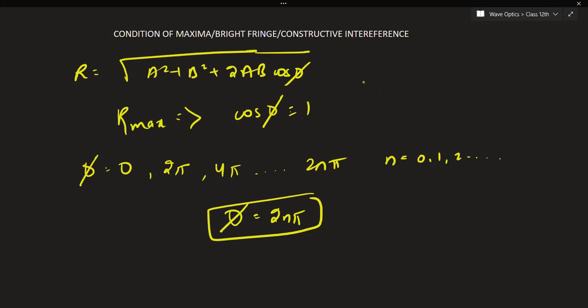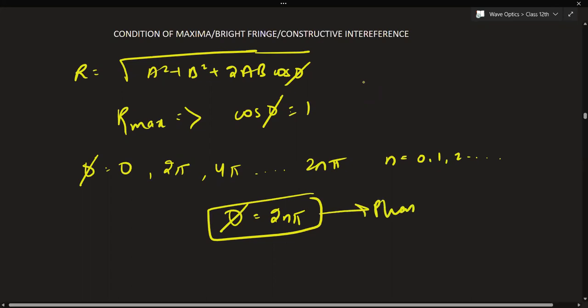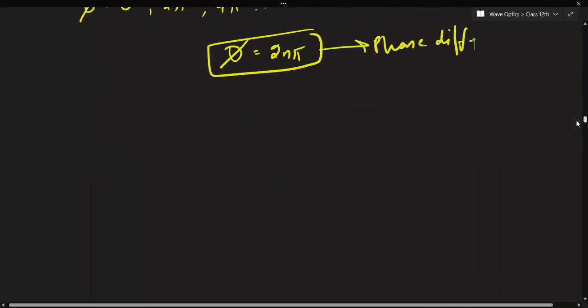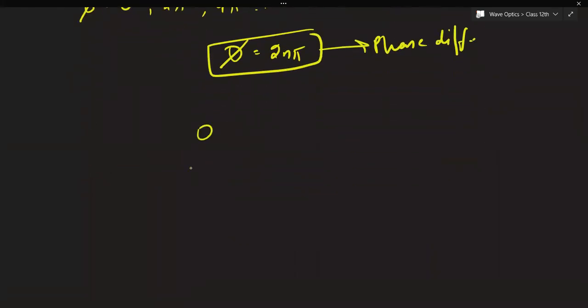This is the condition of phase difference, with which we started the class. We have already discussed, if you know the phase difference, you already know the path difference. We know the relation that phi by 2 pi will be equal to x by lambda.